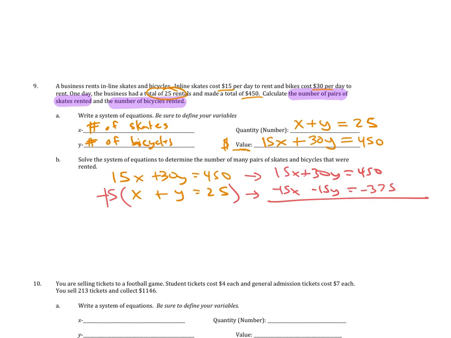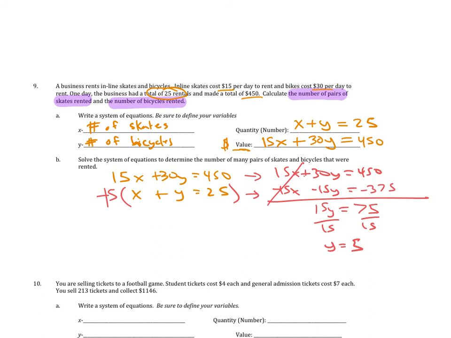Now we can add those up. The x's zap. We get 15y equals 75. If we add the two equations together, right, elimination, divide by 15, and we get y equals 5.